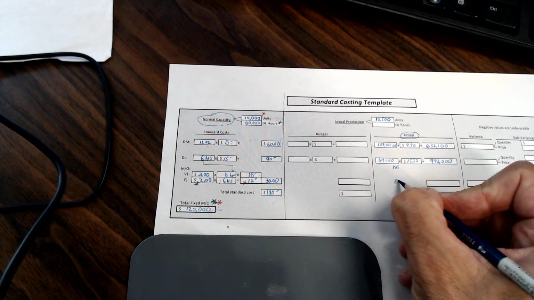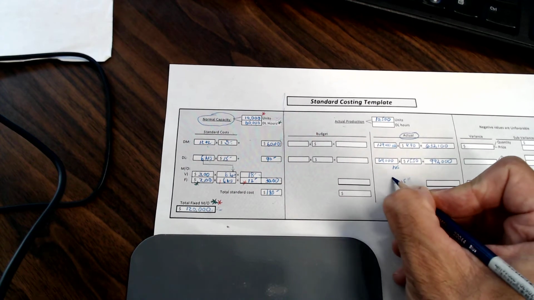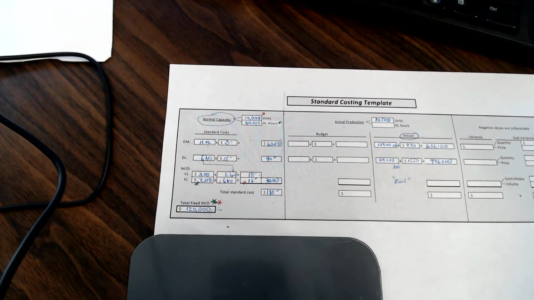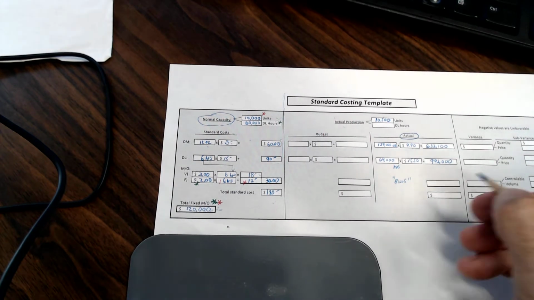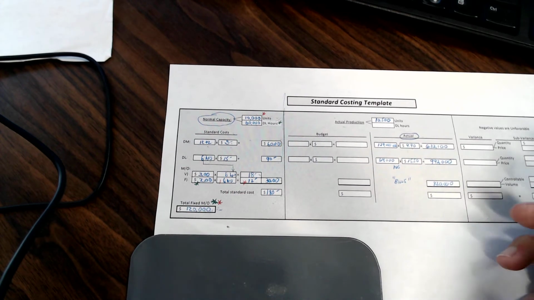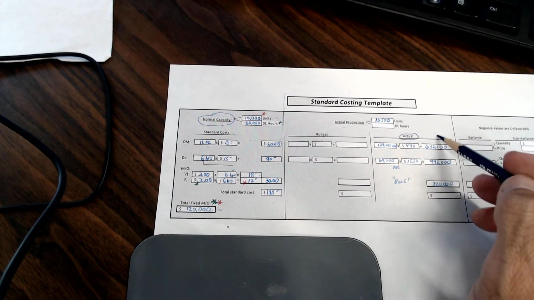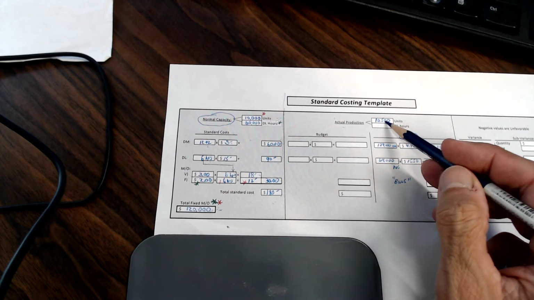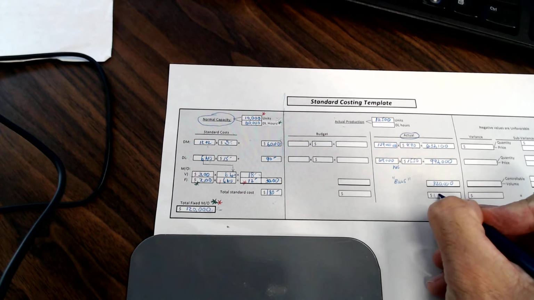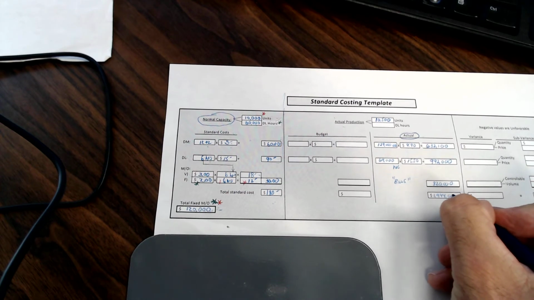And then based on the bills that I paid for factory overhead, rent, insurance, repairs, every other cost of the factory, they added up to $320,000. So the total cost to make these 10,500 units actually was $1,944,000.